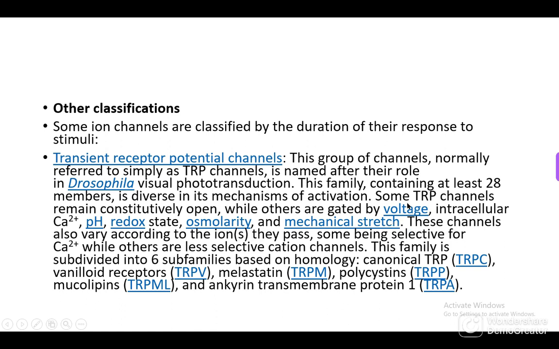But there are some channels which are not gated. They have no gate. They are continuously open. Intracellular calcium influences pH, redox, osmolarity and mechanical stress, etc. These are the important points regarding their dependency.